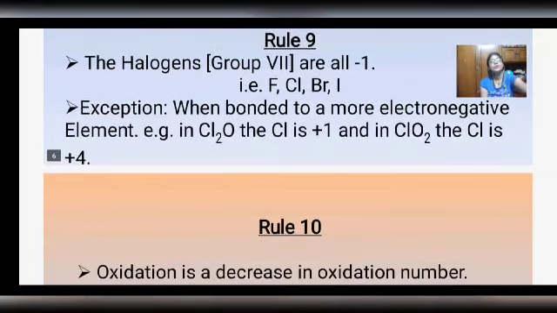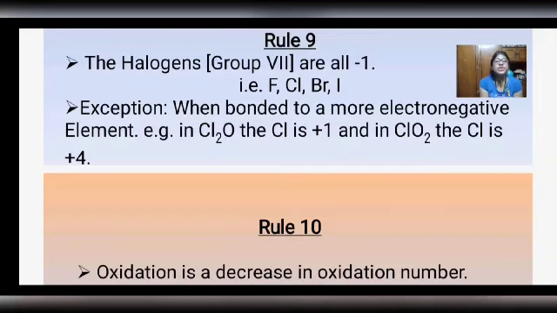For example, fluorine, chlorine, bromine and iodine. But there are exceptions as well. When bonded to more electronegative elements, for example, ClO2, chlorine is positive, and in ClO2 the chlorine is +4.